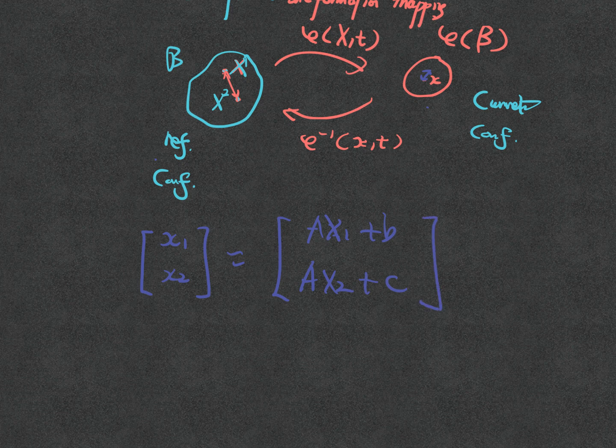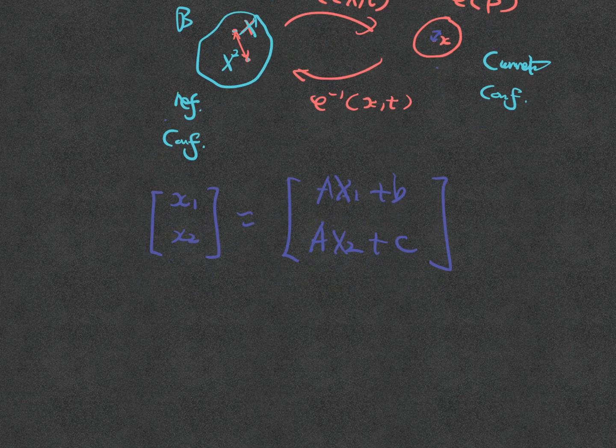How does it look? These x1 and x2 are on a straight line here. You see what I mean? And x1 and x2 are coordinates. So how would that mapping look like?